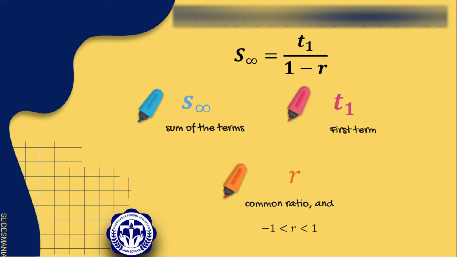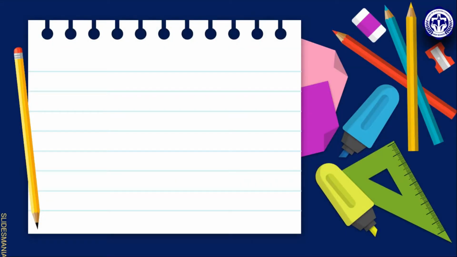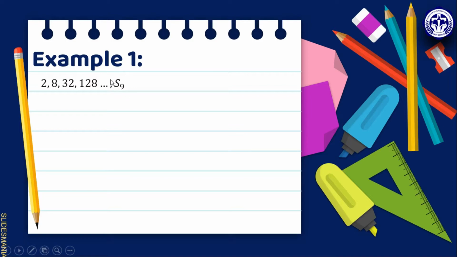Now let us go to the first example on how to determine the geometric series, or the sum of the terms of a geometric sequence. Example number 1: we have 2, 8, 32, 128, and so on. We need to determine S sub 9, which means the sum of the first 9 terms of this geometric sequence.